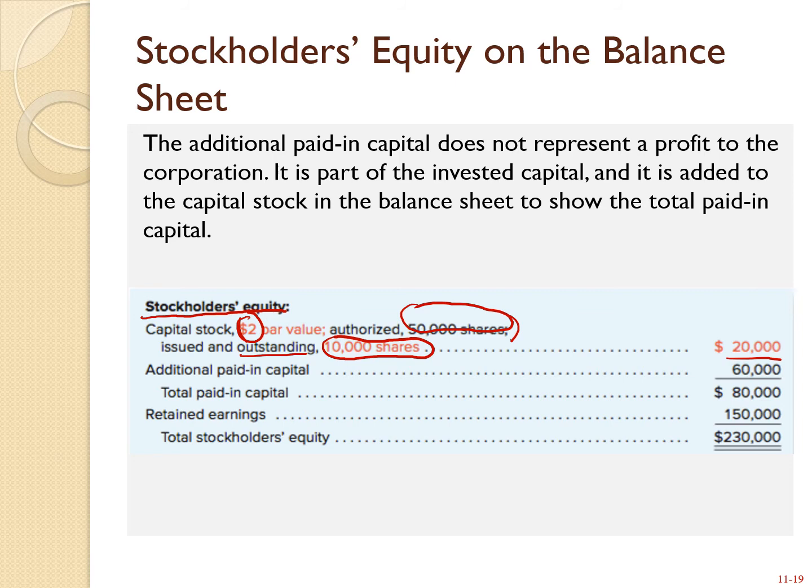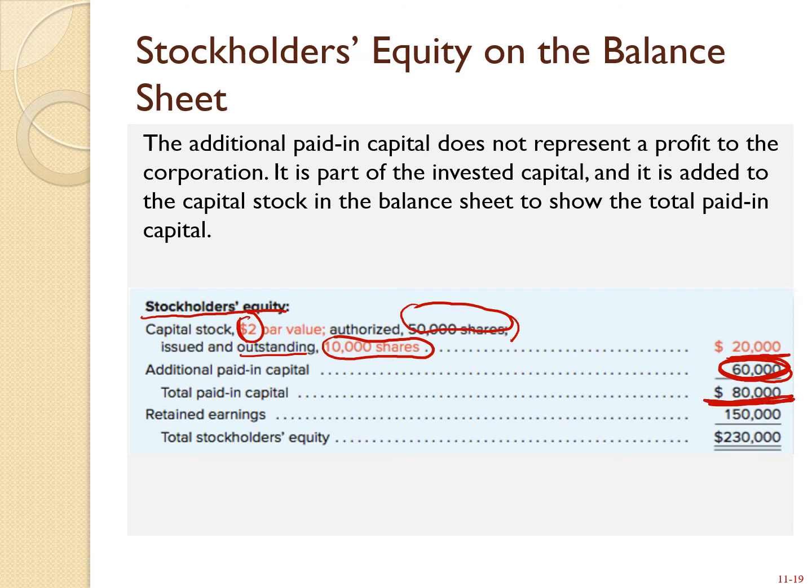So now the value of the capital stock outstanding at par is $2 multiplied by 10,000 shares, and this will give us $20,000. Additional paid in capital, we know the value from the previous slide, which is $60,000, or simply the difference between the cash received, or proceeds, we call them proceeds, and the par value. So the total paid in capital is $80,000.